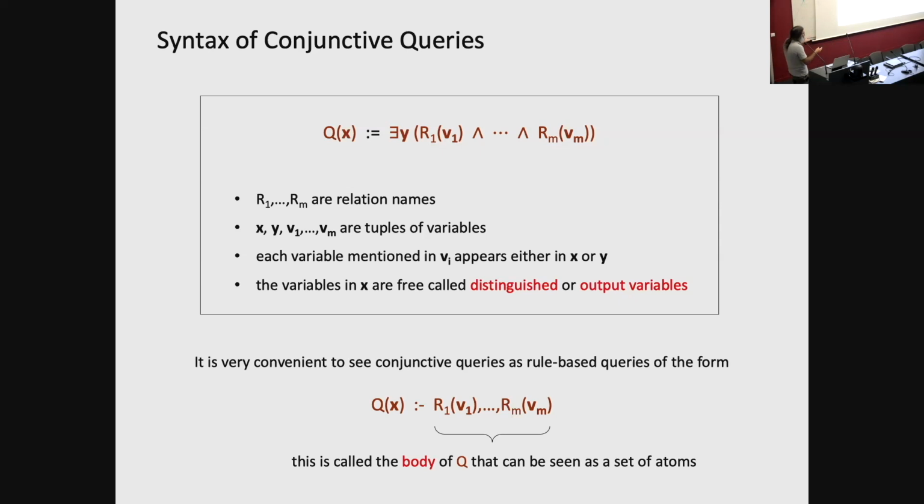But let's stick to the syntax for a second. From now on, I will use this rule-based syntax, which means that we can conveniently see the body of the query as a set of atoms. So if I refer to the set of atoms in a conjunctive query, don't be surprised: I refer to the set of atoms in the body.